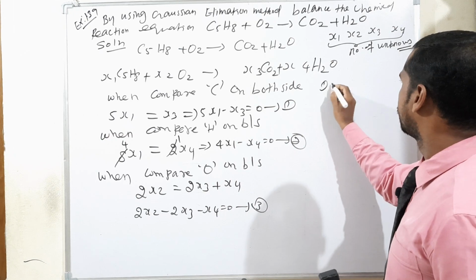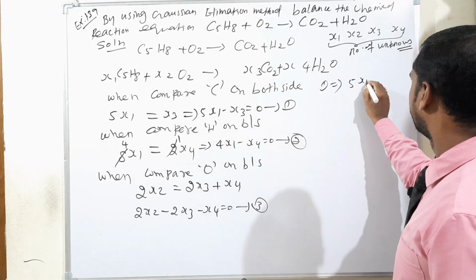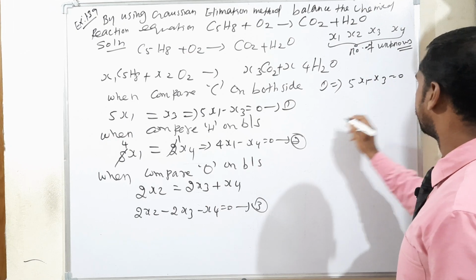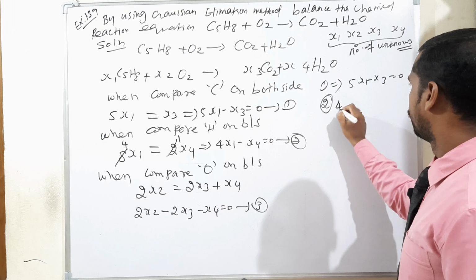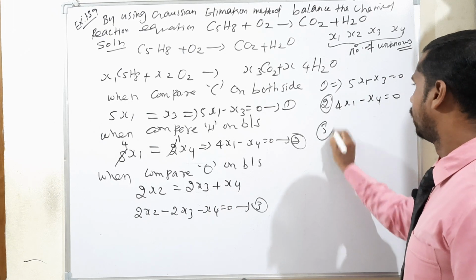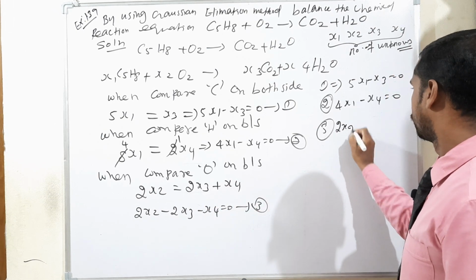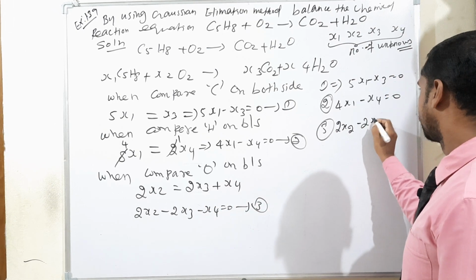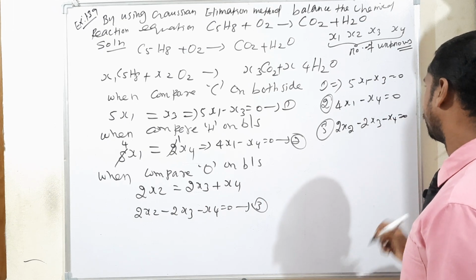So now, what is the first equation? 5x1 minus x3 is equal to 0. Then the second equation, 4x1 minus x4 is equal to 0. Then the third equation, 2x2 minus 2x3 minus x4 is equal to 0.